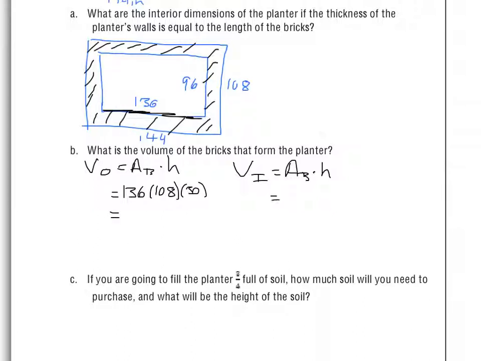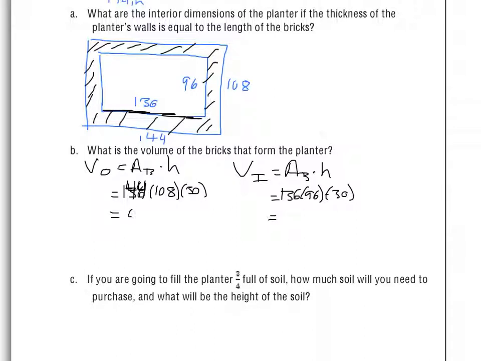For the outer one, this is 144 by 108. Sorry, I got a little carried away there. For the inner one, it is 136 by 96 is what was taken out, and it has the same height of 30. So we want to plug that in and do that work on our calculator.